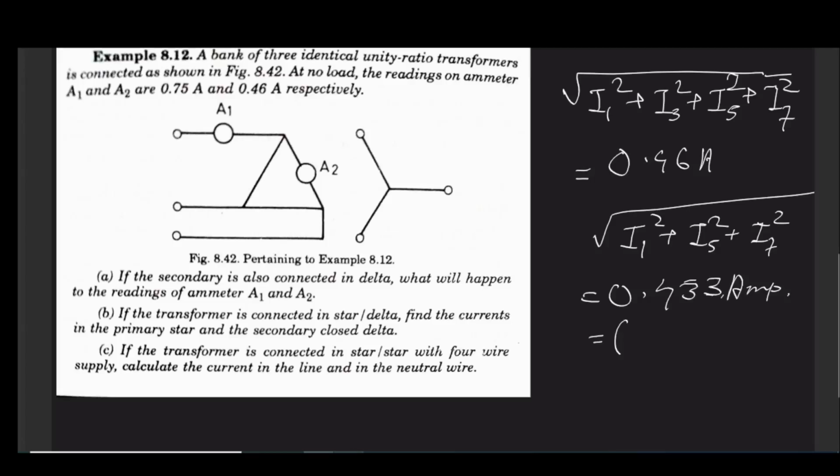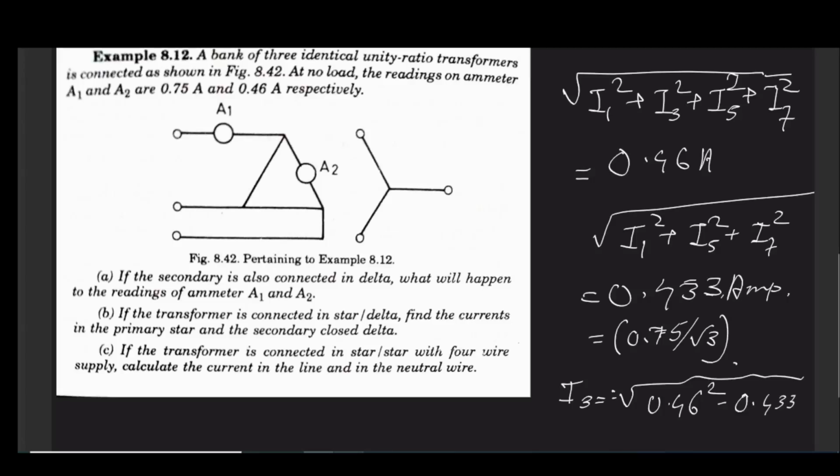Yes, 0.75 by root 3. Now, what about I3? From these two equations, you can figure out I3 is equal to 0.433 square minus 0.46 square minus 0.433 square. So that will result I3 is equal to 0.1553 ampere.